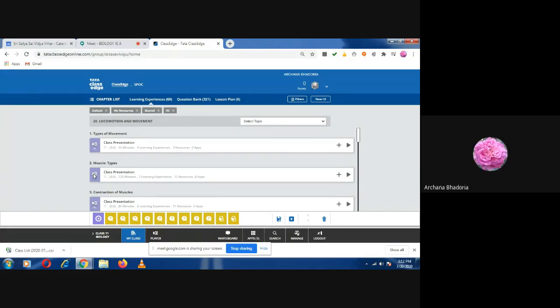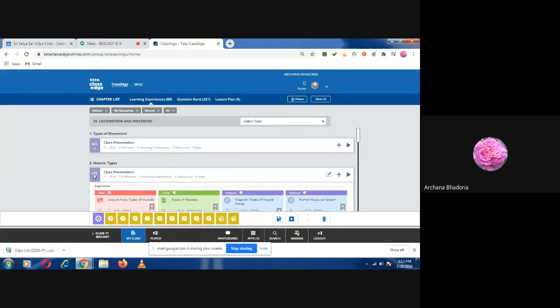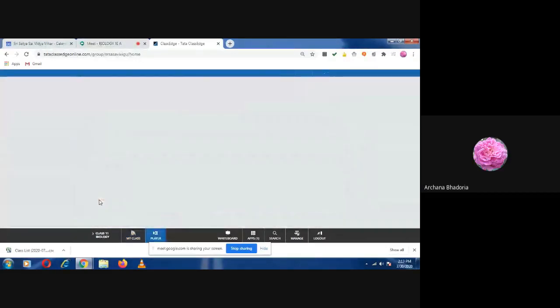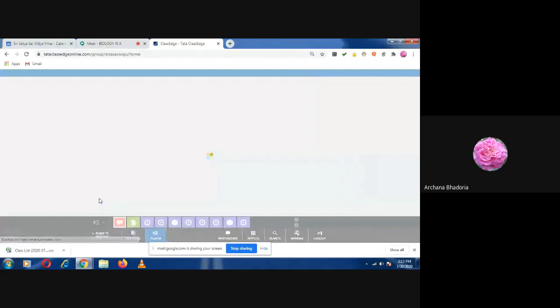Skeletal system. Skeletal system, and the other one? Muscular system. Again? Nervous system. No, the nervous system will not do that.